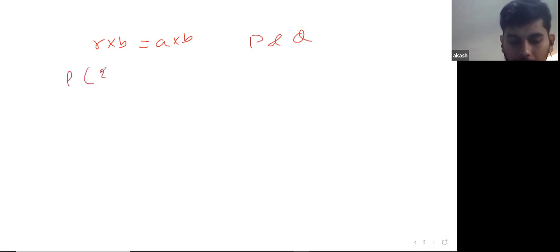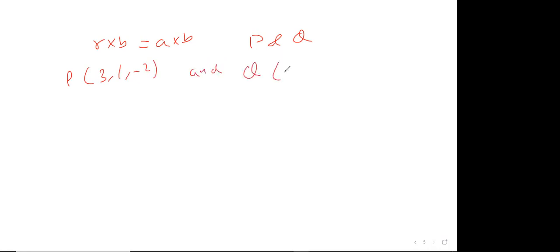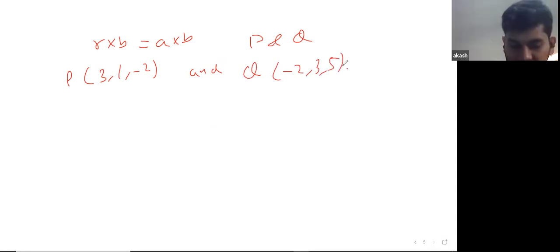Find the equation of the line in the form r cross b equals a cross b, which passes through the points P and Q, where P is (3, 1, minus 2) and Q is (minus 2, 3, 5). You have to find the equation of the line in the form r cross b equals a cross b.